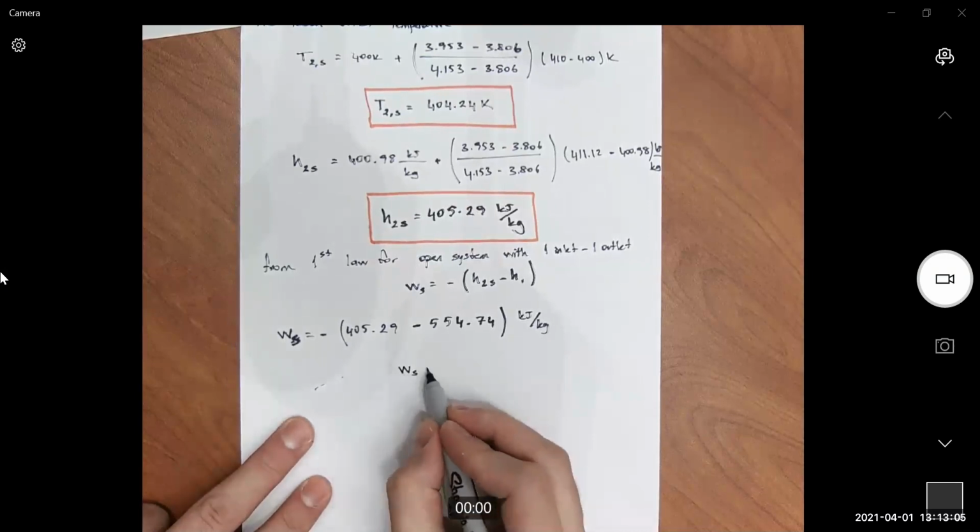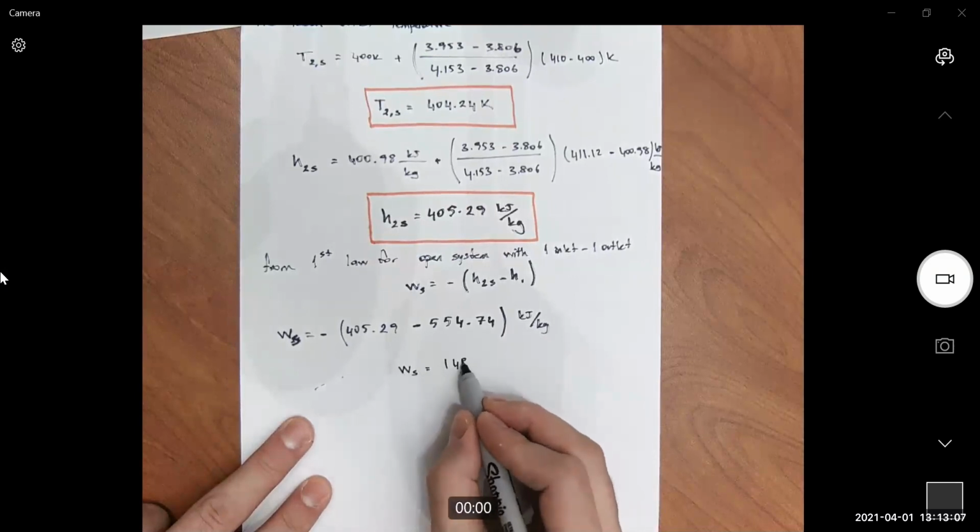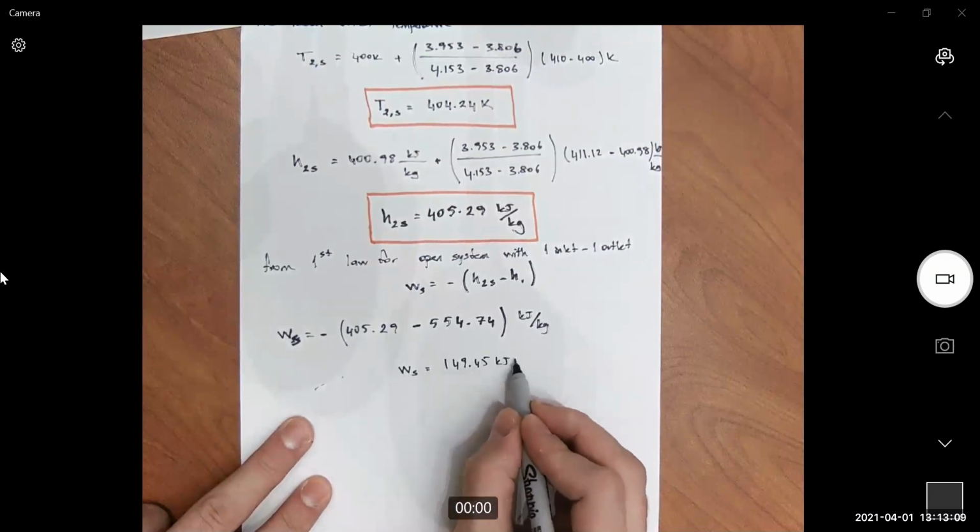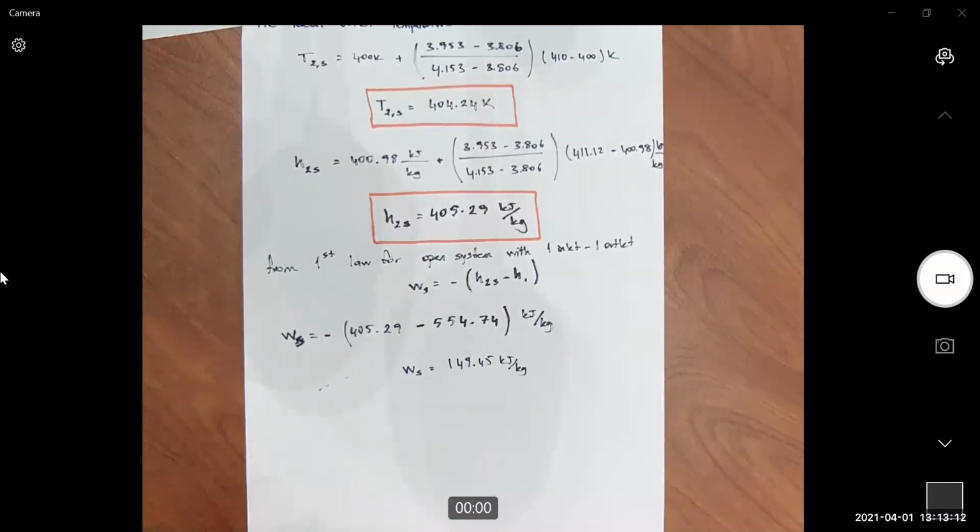Ideal work is 149.45 kilojoules per kilogram.